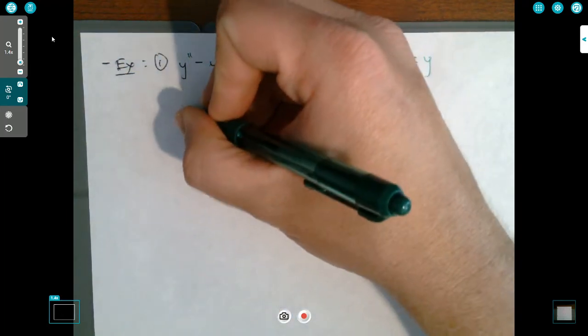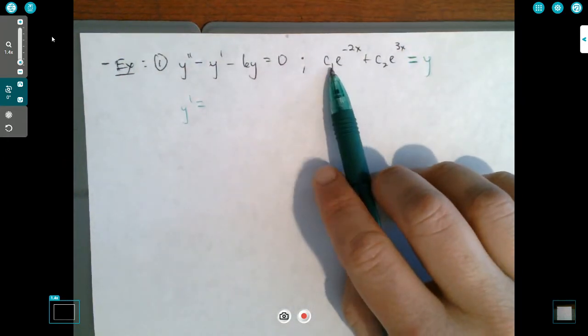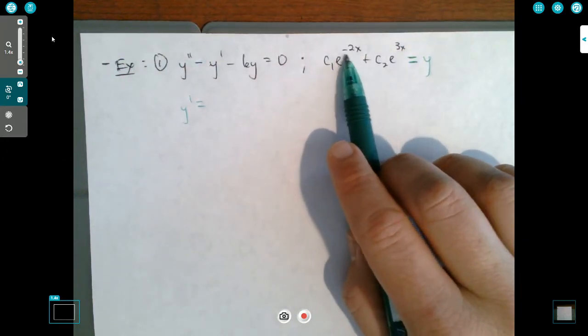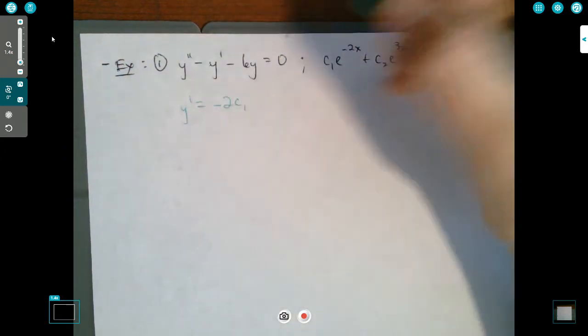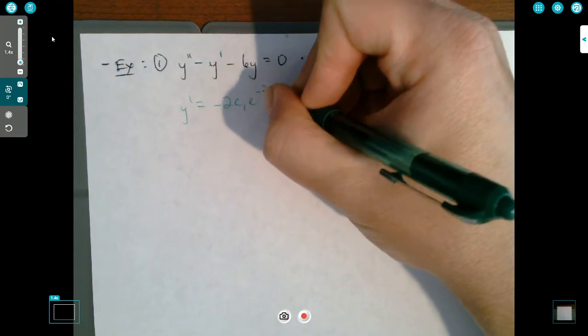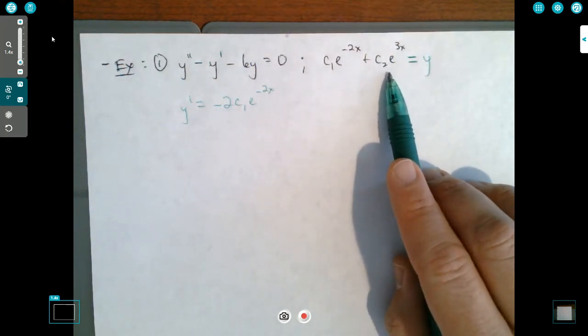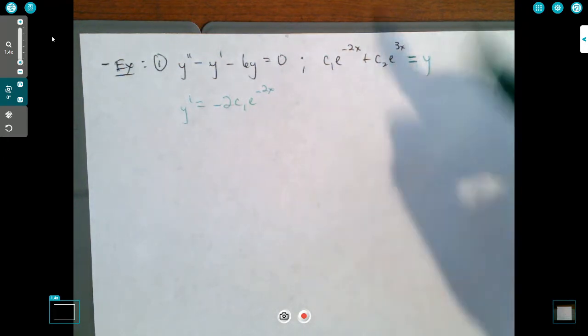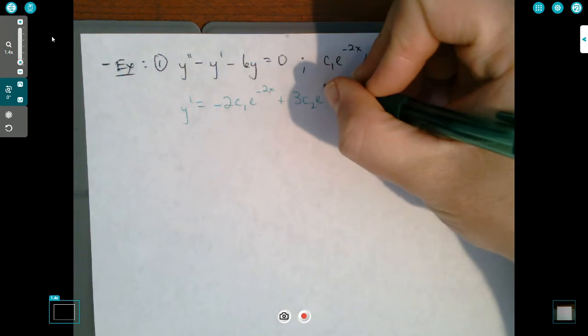So let's do that. y prime is going to be c1 e to the negative 2x times negative 2. So I'm just going to call that negative 2c1 e to the negative 2x. And then similarly, the derivative here is going to be c2 e to the 3x times 3. So I'm just going to call that plus 3c2 e to the 3x.